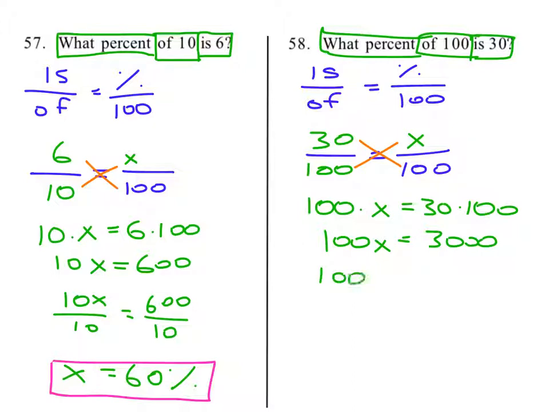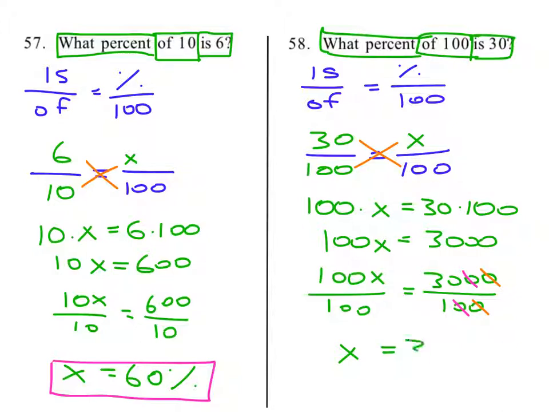And then dividing by the coefficient of 100, we get x is equal to, and you can see how these zeros cancel off, and that one cancels off, and we get 30 over 1, or just 30. And let's call it 30% because that stands for a percent.